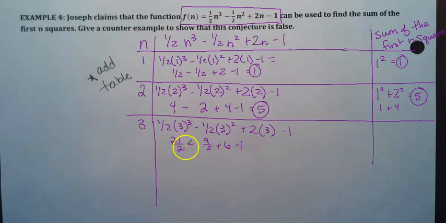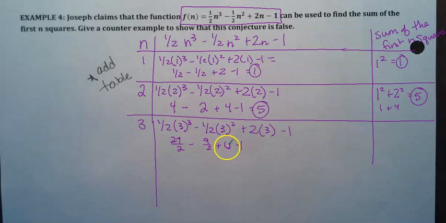So 27 halves minus 9 halves. 27 minus 9 equals 16, right? So that would be 16 divided by 2 is 8. All right, so 8 plus 6 equals, hold on, is that right? Oh, no, 27 minus 9 is not 16, it's 18. My bad. So 27 minus 9 is 18. 18 divided by 2 is 9.